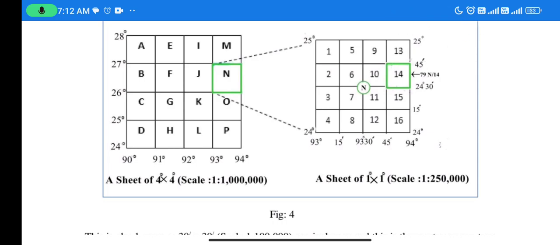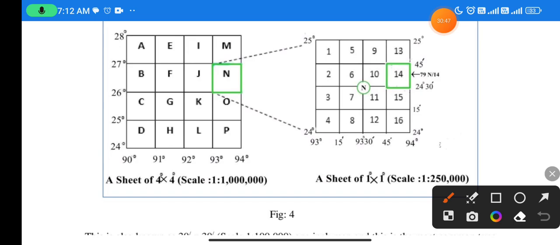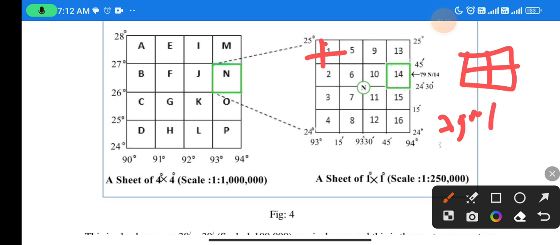So here 15 inch is divided into 2 equal parts or 4 parts, you can say. So it is again divided into 4. Suppose 14 is divided into 4. So here 79n by 14 we already got. Now again 14 is divided into 4 parts. So again 79n 14 divided by northeast.